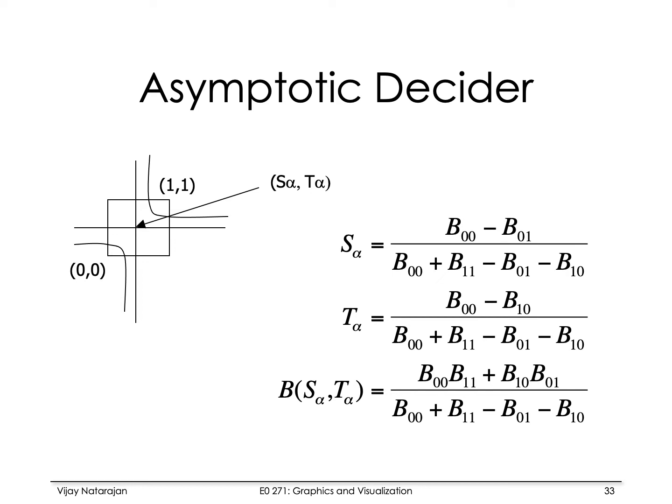So considering the expression for B and setting the partials to 0, we can obtain S alpha and T alpha, and plugging those values into the expression for B, we get that B of S alpha T alpha is this expression. So we know B of S alpha T alpha in terms of the function values at the four vertices. So with that, we are done.